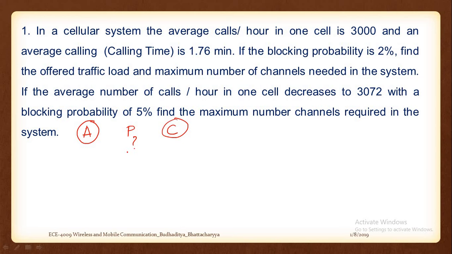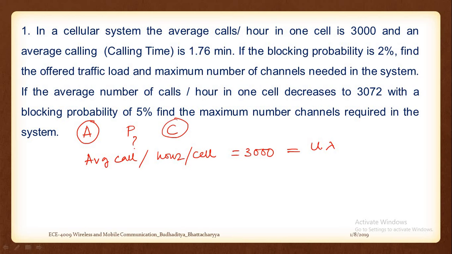So I will write this first and then explain. This is the only step that is important in this case. Average calls per hour per cell, if I write this as 3000 and equate it to U lambda, can I write this? U is the total number of users and they are making a request rate of lambda.